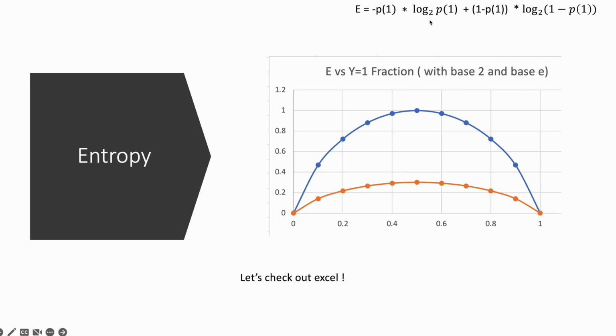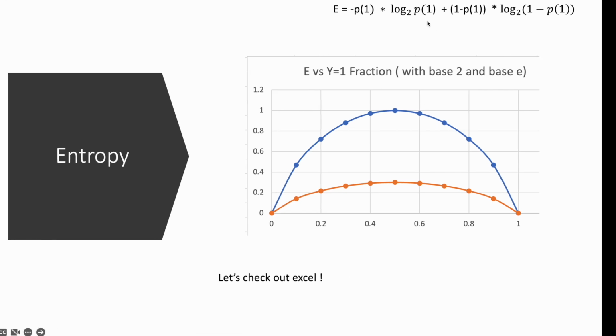So this particular term will be minus half into log 2 half plus half into log 2 of 1 minus half, right? This will be the value. If you solve this, then you will come to know that the value of E which we are getting will be 1. And that's why we are using the base of log 2.